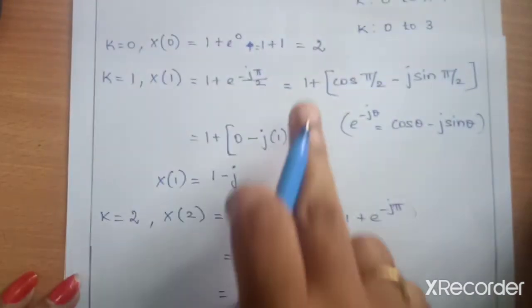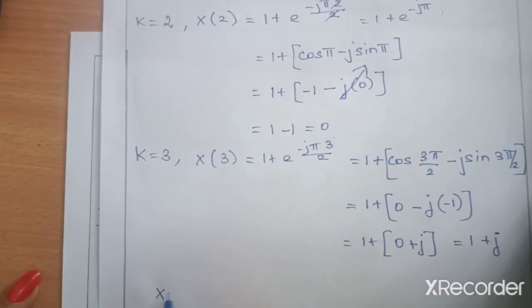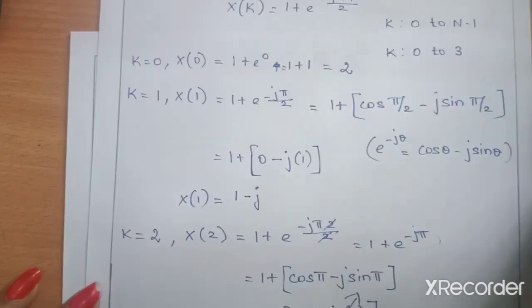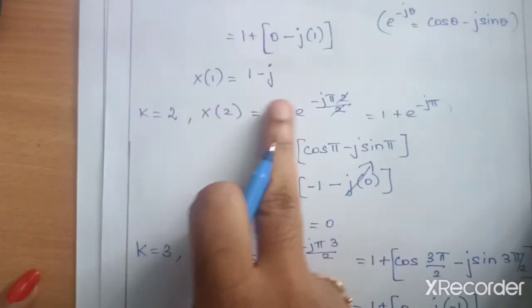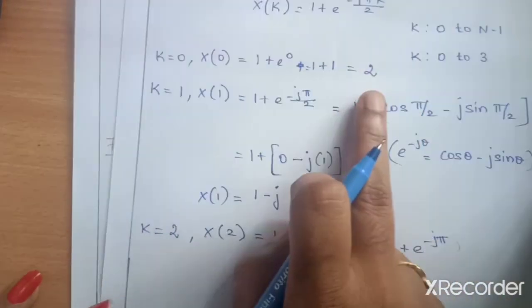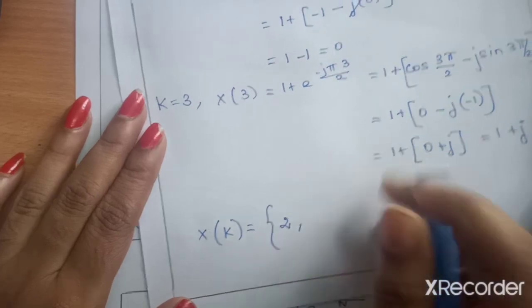So now you have to write the whole term, that is capital X of k is equal to, within brackets you write the value of X of 0, X of 1, X of 2 and then X of 3. So what is the value of X of 0? 2. So you write it as 2.